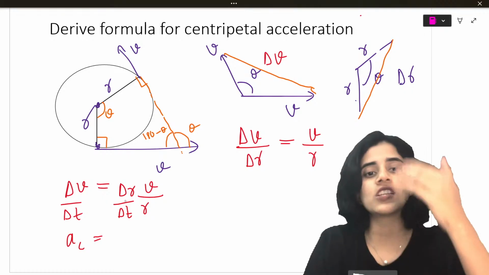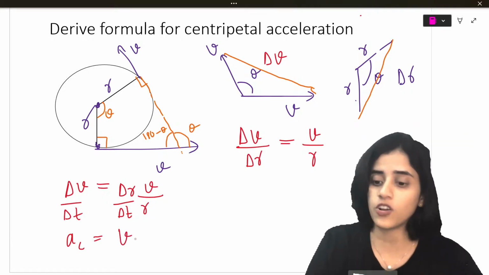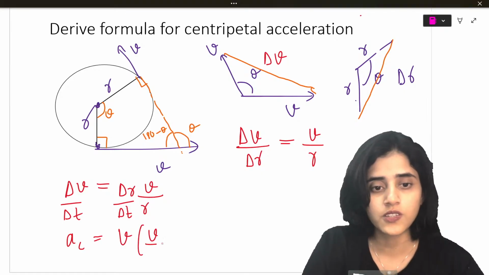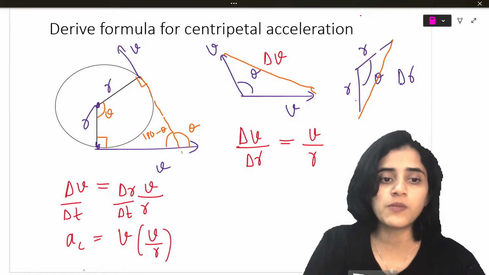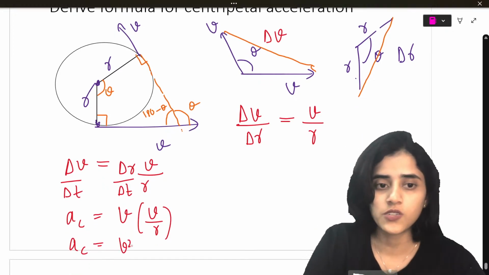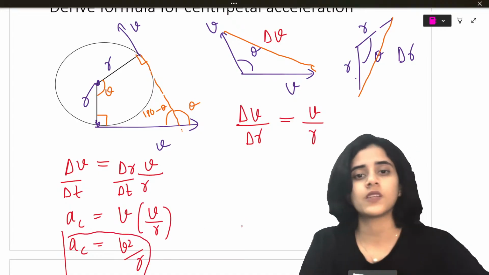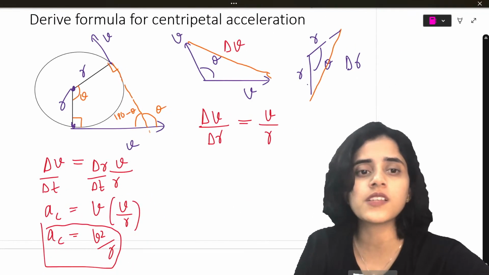Acceleration. What is change in distance? R is distance. Change in distance by change in time? Velocity into V by R. So from this you get acceleration is equal to V square by R. So this is the derivation.